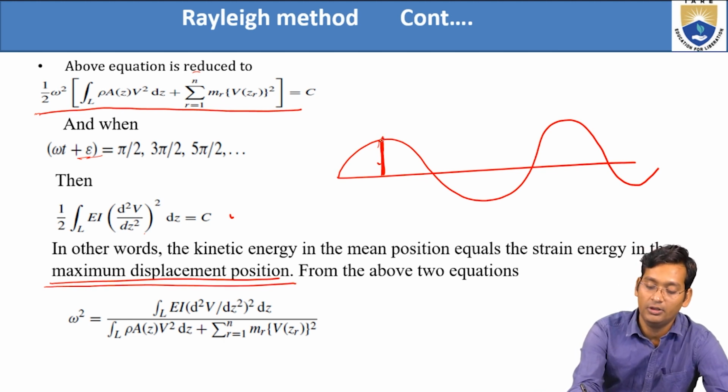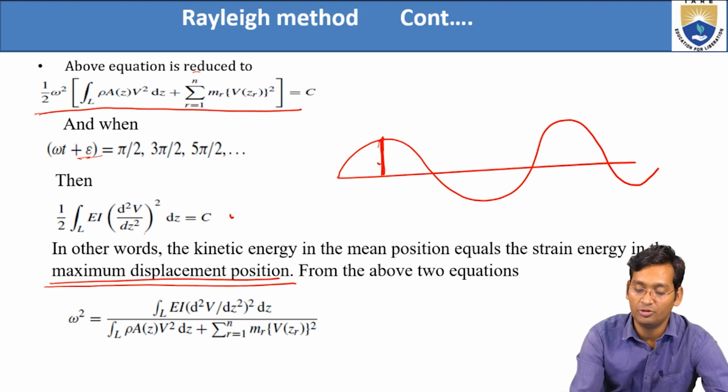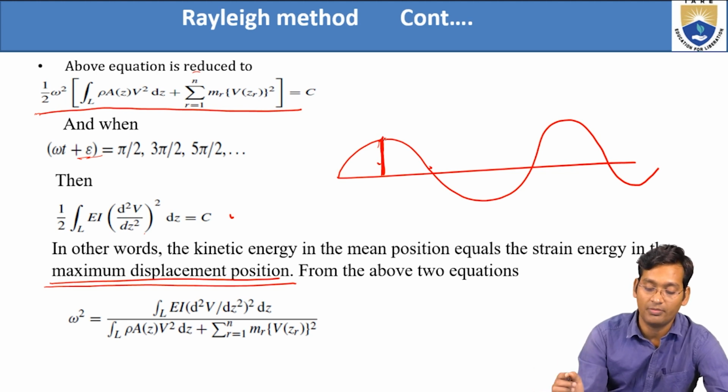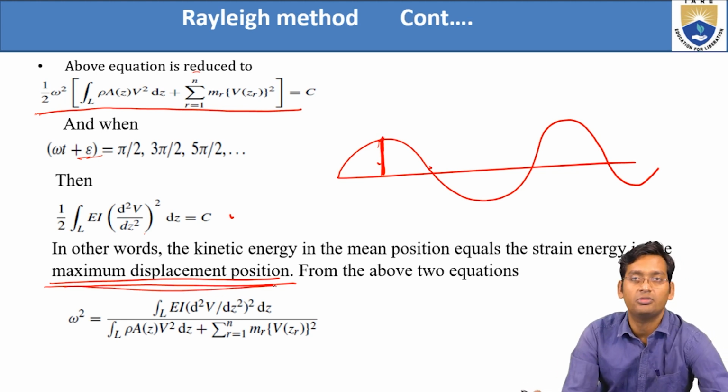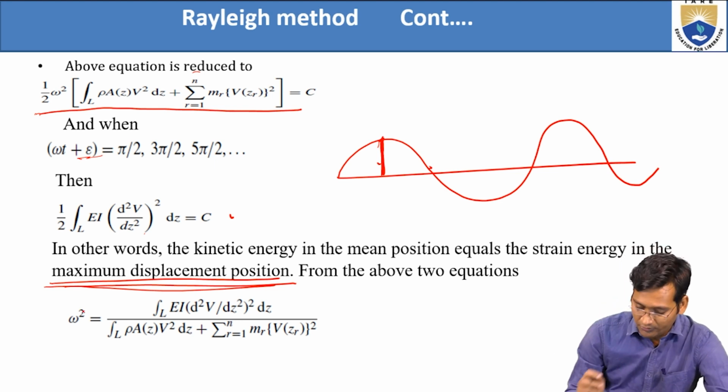So that is here only. So at this point, the kinetic energy is at the mean position, because here kinetic energy will be lesser. Here also it will start decreasing. So from here it starts increasing. Here it will be maximum, then here it will be decreasing. So at this point, the kinetic energy will be maximum, and that is the maximum displacement position. Okay. So now from here, what will we do?